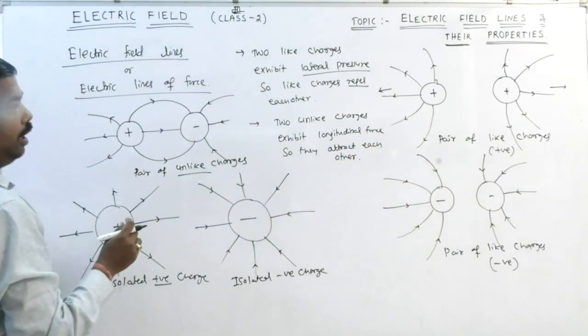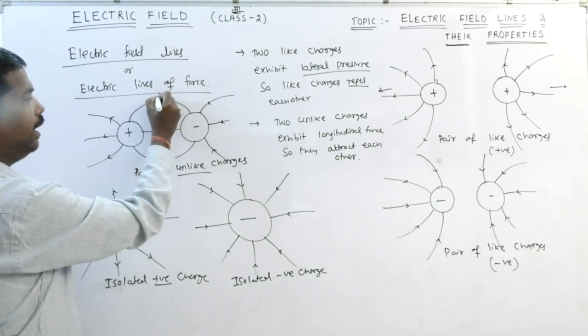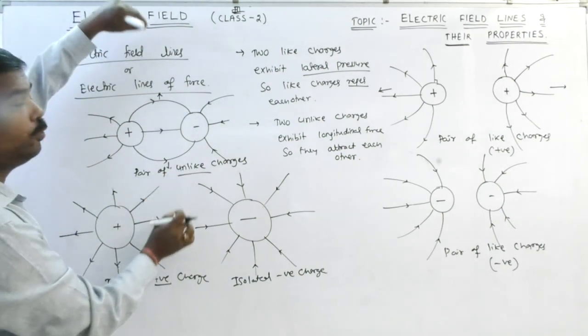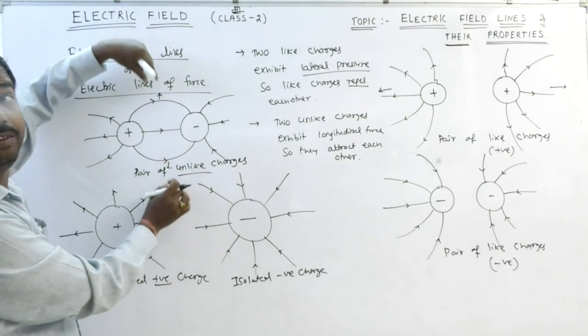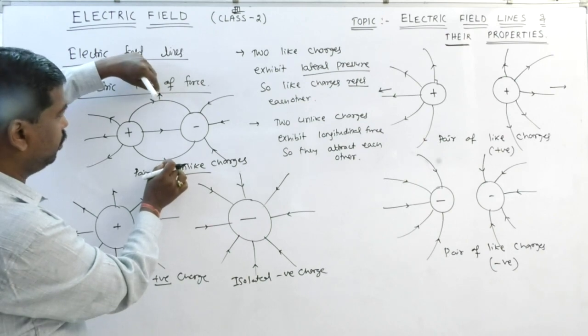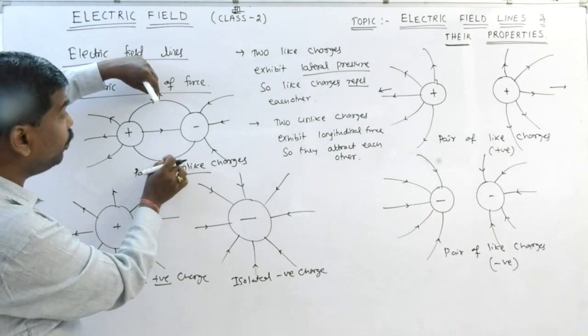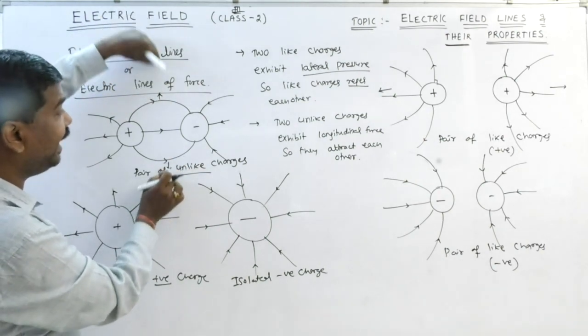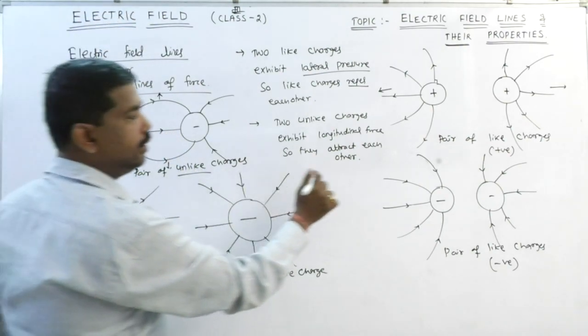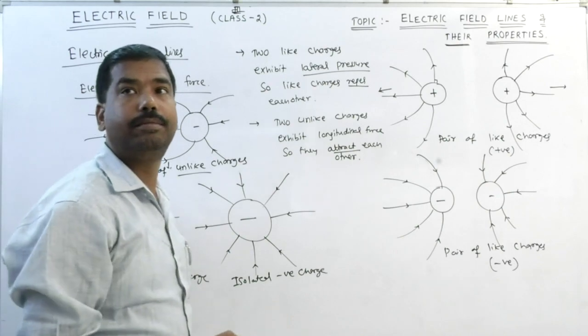Listen to me. When a force acts in such a direction, it is called the longitudinal force. Clear? If the longitudinal force acts along the lengthwise direction, then the two charges come closer to each other. That is, they attract each other. Clear?